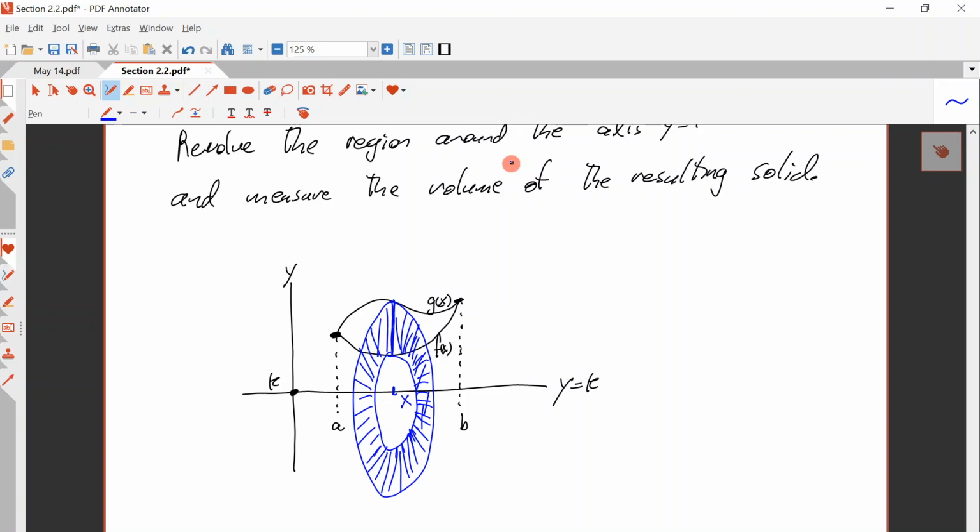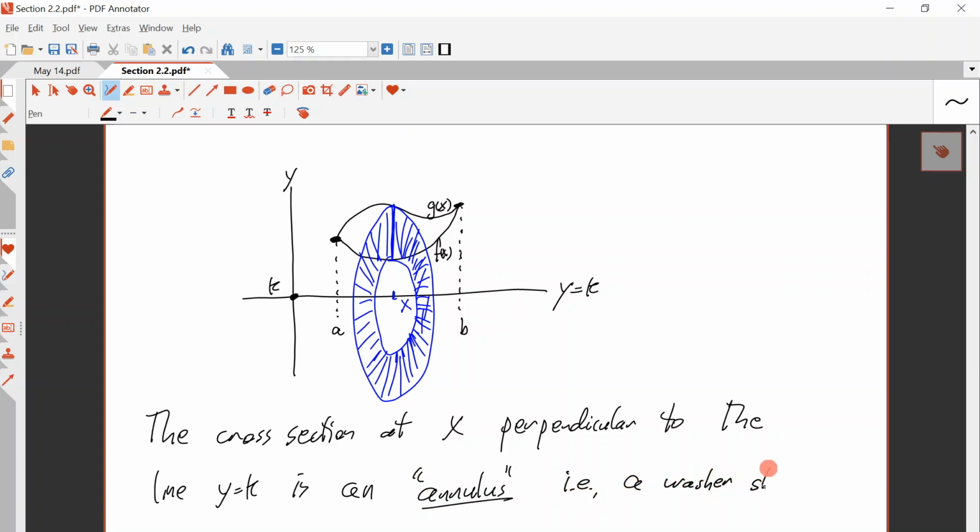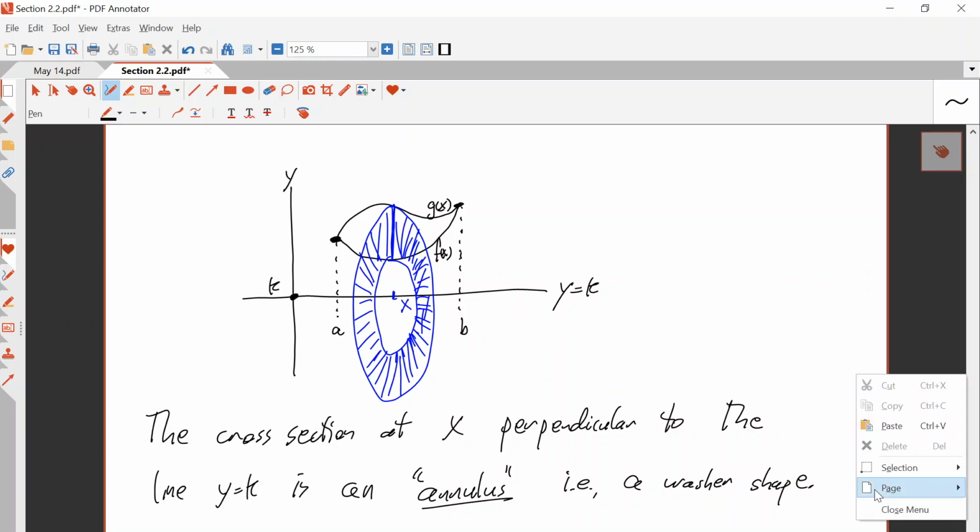All right, so the cross-section at x, perpendicular to the line y equals k, is a washer shape. It's called an annulus, i.e., a washer shape. Right, a circle with the circular hole in the middle popped out.